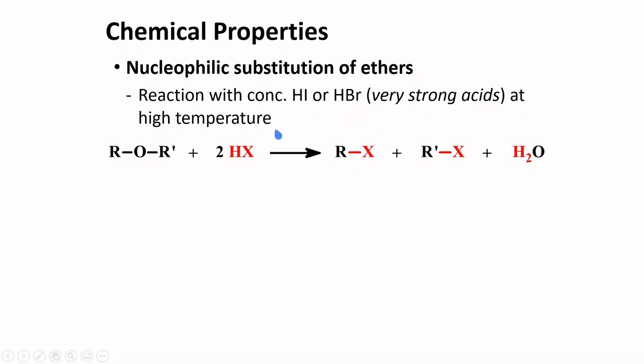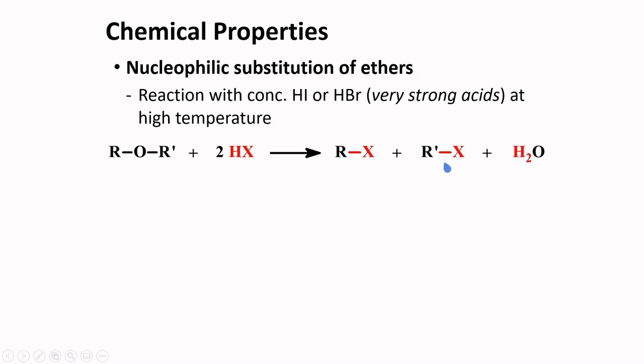This requires very strong conditions, and in fact, even concentrated HCl or HF will not work. For an ether, 2 equivalents of the hydrogen halide is required, and each of the alkyl groups may form alkyl halides.